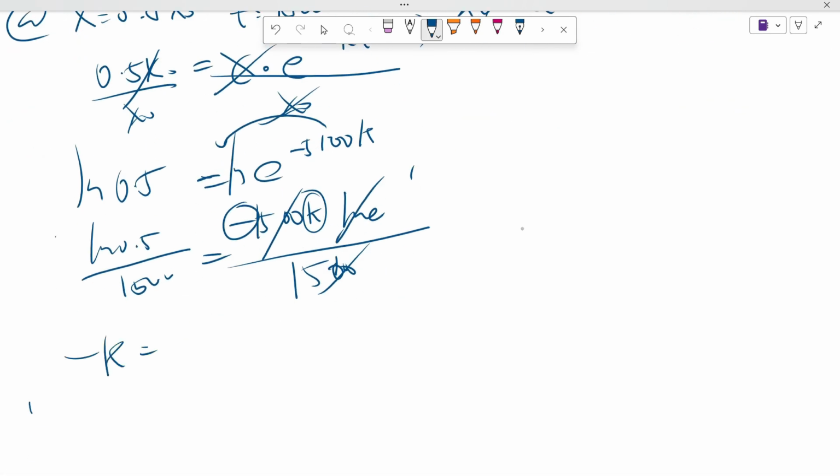Negative k equals ln 0.5 divided by 1,500. What did we get? Negative 4.62098 times 10 raised to negative 4, right?